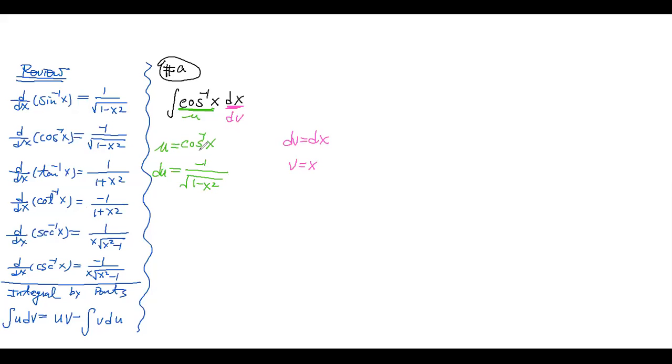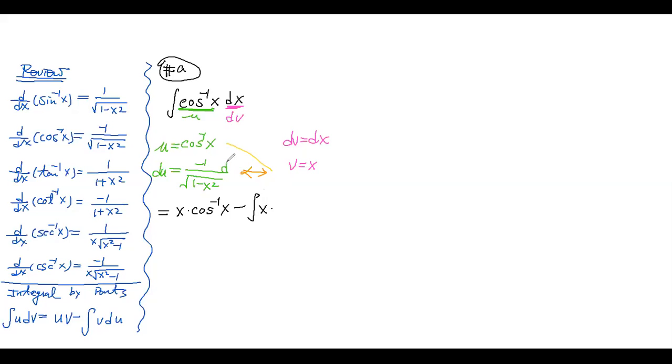Now I use the formula: uv, so this term will be x times arc cosine x, minus v du. So it's minus v du here.